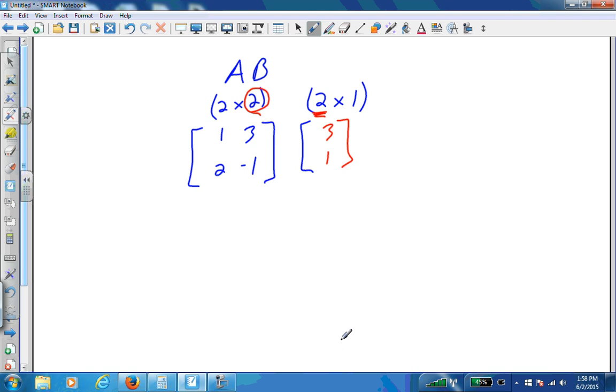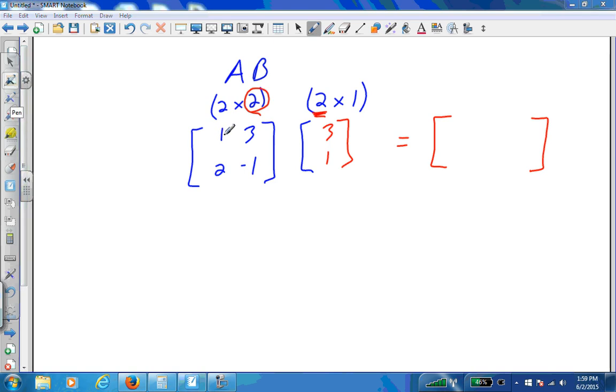So in order to multiply these two matrices together, the first component comes from multiplying the first row in the first matrix by the first column in the second matrix. And the way we multiply them together is basically the same way we take a dot product with vectors.